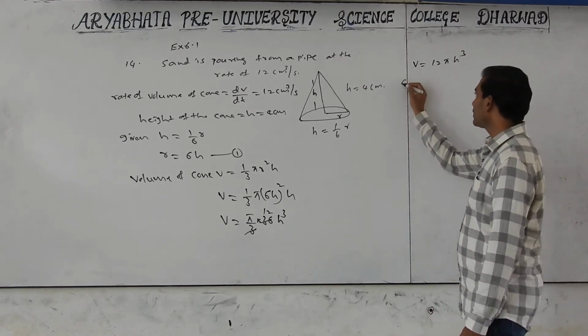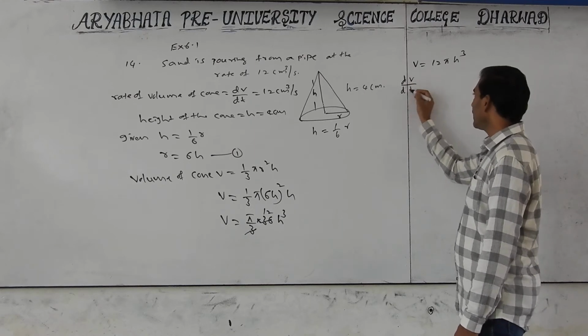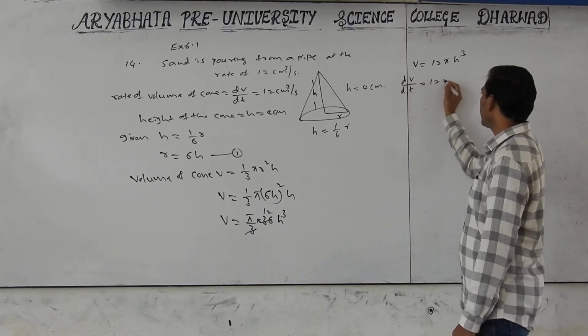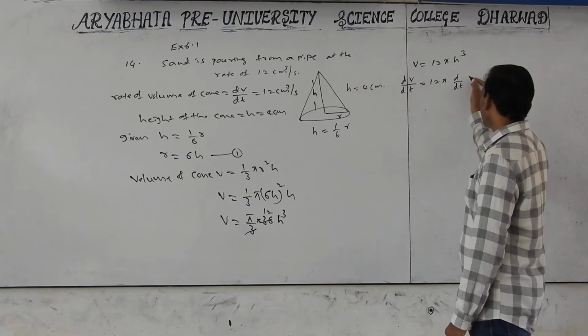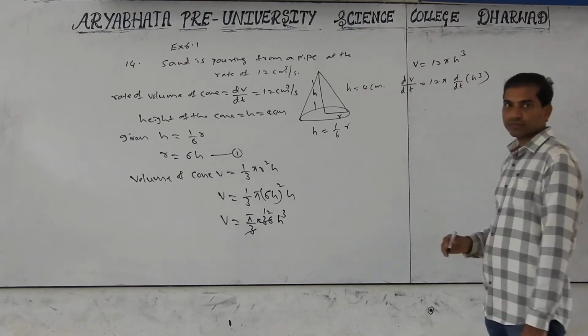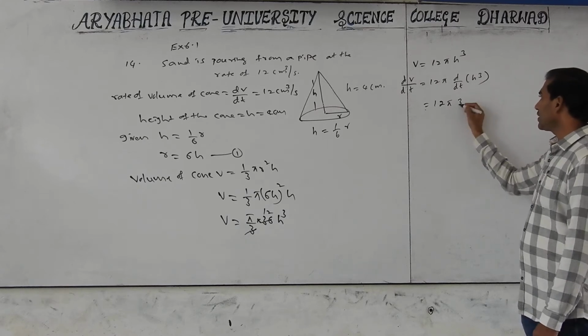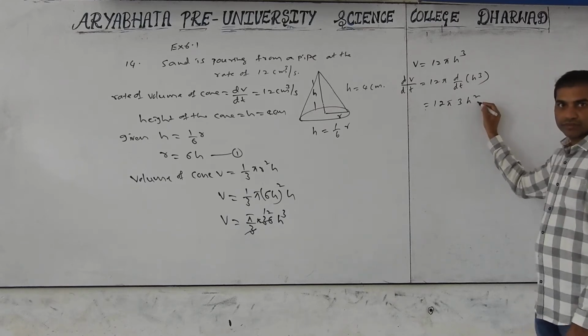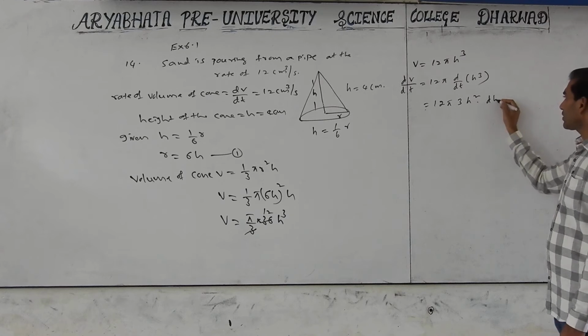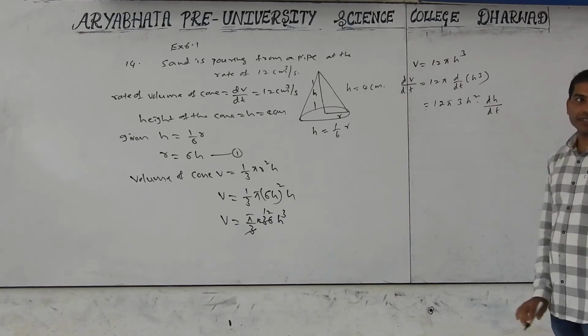Now we should differentiate with respect to t. dV by dt equal to 12 pi, constant, d by dt of h cube. Differentiation of h cube is 3h square into dh by dt.